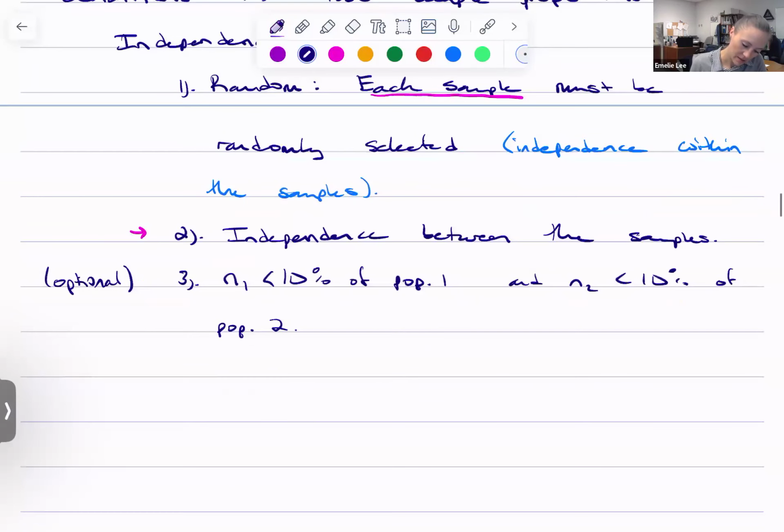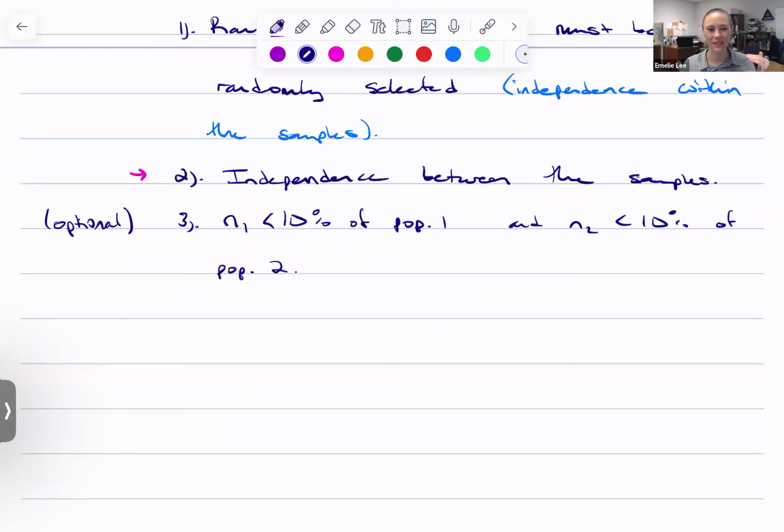The next subsection of the conditions is the normality condition, or the sample size condition. This condition depends on if we're doing a confidence interval or a hypothesis test. So you'd want to read through the rest of the question to figure out what you're going to have to do, and then check all the conditions that are appropriate.